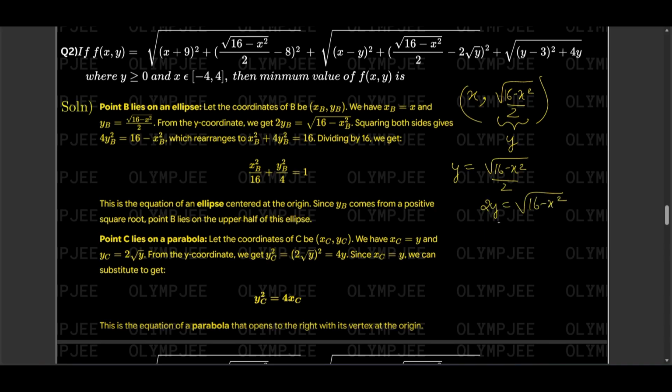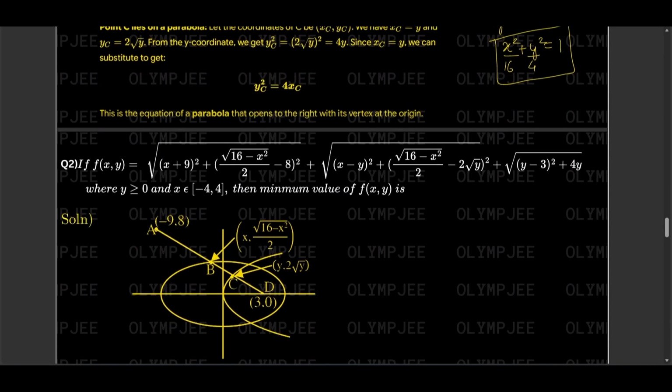And if you square this, you will get 4y square is equal to 16 minus x square, which finally gives us x square by 16 plus y square by 4 is equal to 1, which is the equation of an ellipse. So this is the parametric form of any point on an ellipse. So this point B can be any point on this ellipse. It can be here also, it can be here also, it can be here also.